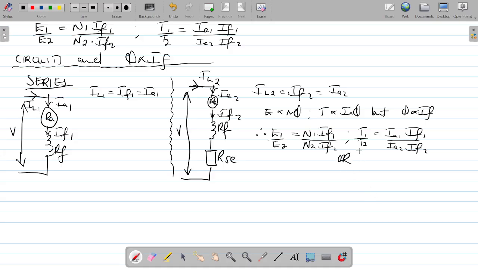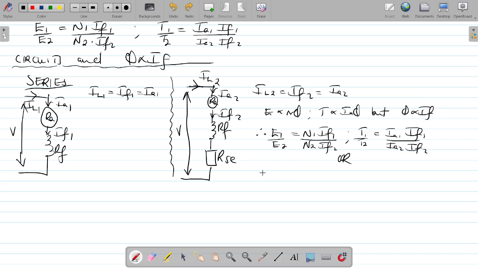These formulas can be expressed differently. So remember, under series, IF1 is also the same as IA1. Our IF2 is also the same as IA2. So maybe instead of writing field current in a series only, I decided to use armature current.